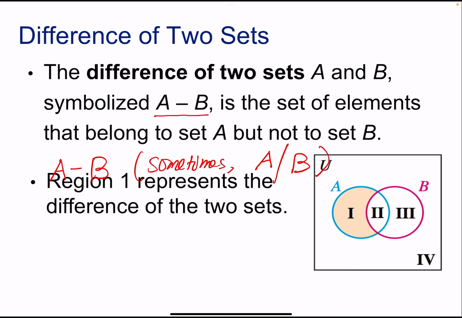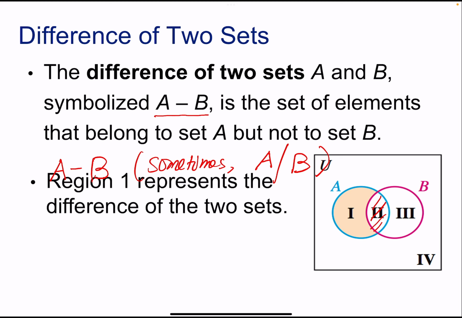It is defined as A minus B, so you remove elements of B from A. Look at set A and set B. Their intersection is region 2. When you look at A minus B, you remove elements in B from A. Elements in B that are also in A are in the intersection, right?